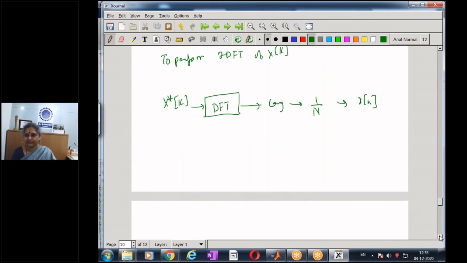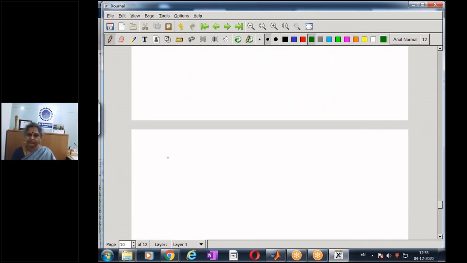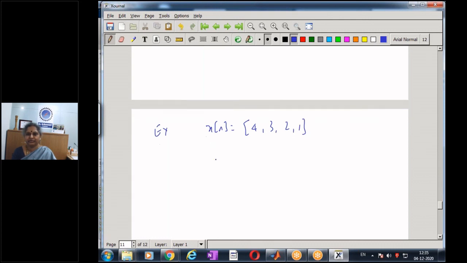So let's take an example for this property. We have seen that x of n, say 4, 3, 2, 1, has a 4-point DFT given by 10, 2 minus 2j, 2, 2 plus 2j.